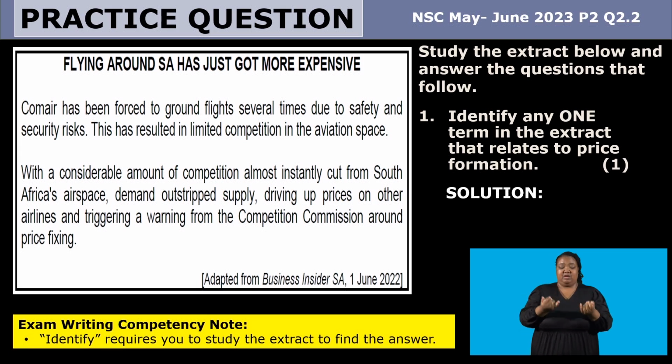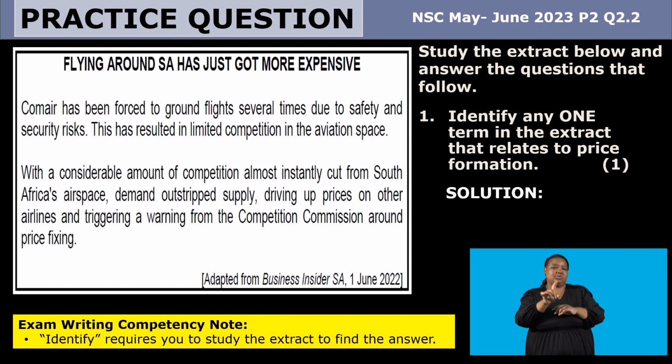This has resulted in limited competition in the aviation space. With a considerable amount of competition almost instantly cut from South Africa's airspace, demand outstripped supply, driving up prices on other airlines and triggering a warning from the Competition Commission around price fixing.